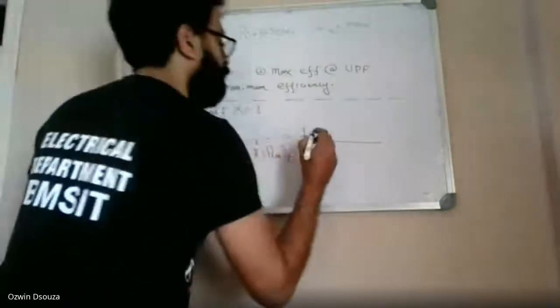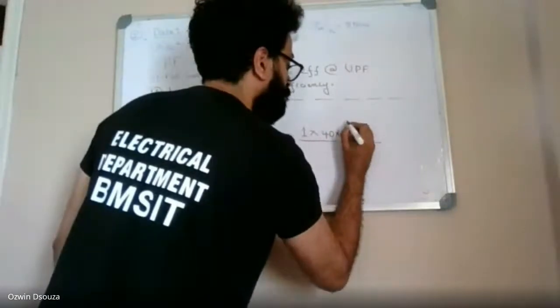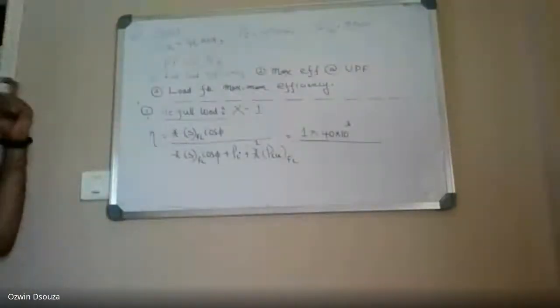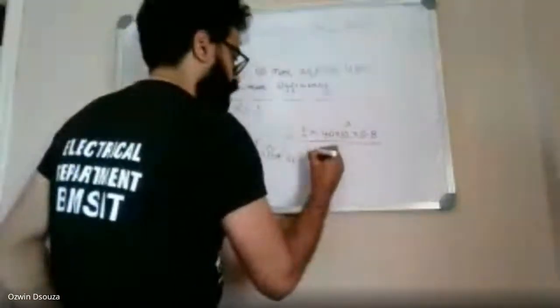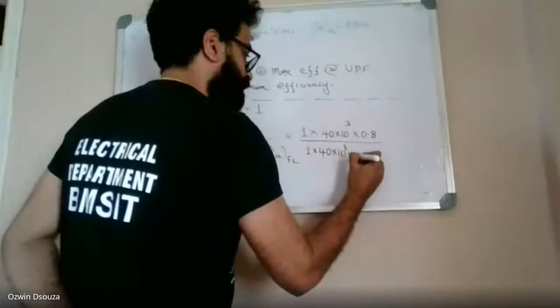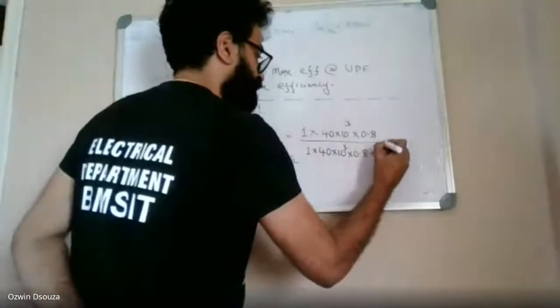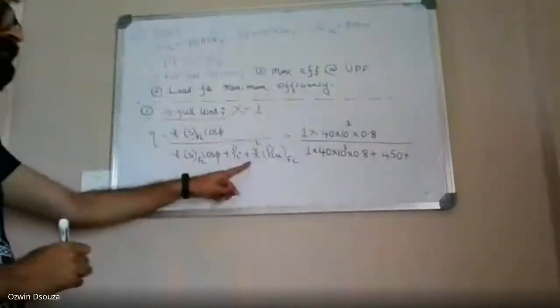What is the full load rating? 40 kVA, so 40 into 10 to the power 3 into cos phi. Cos phi, or the power factor, is given as 0.8, divided by 1 into 40 K into 0.8 plus the iron loss 450 plus X square.